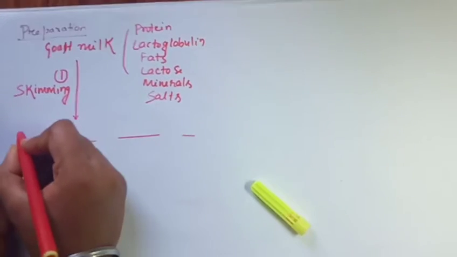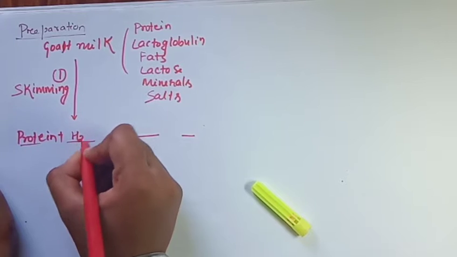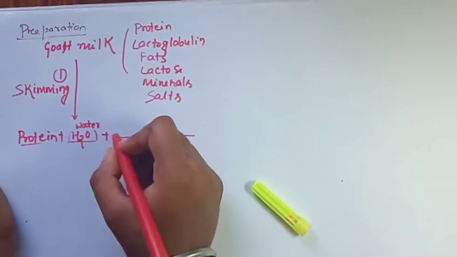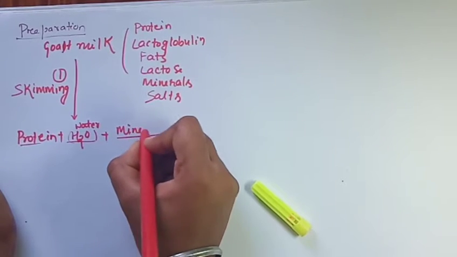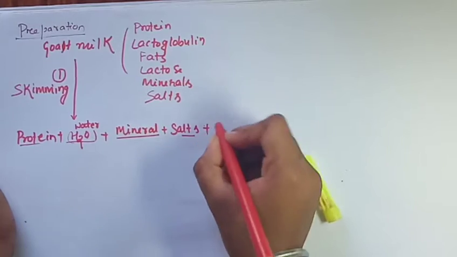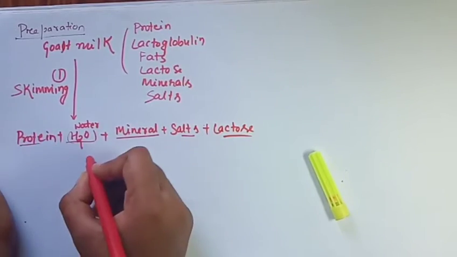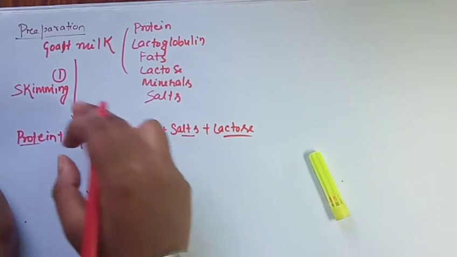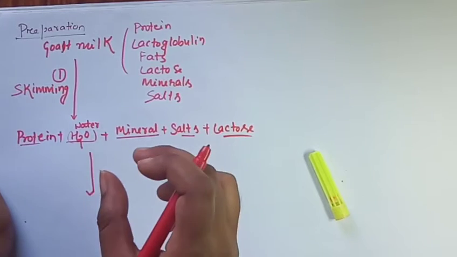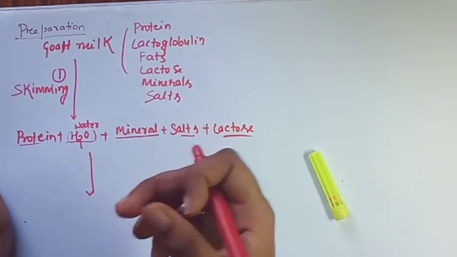First we get proteins, then water, that is H2O, then minerals, then salts, then lactose. After skimming, we let it stand, meaning we keep this solution in a resting stage.